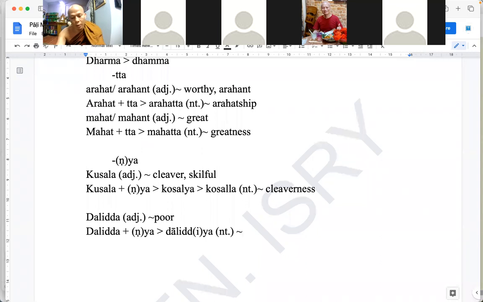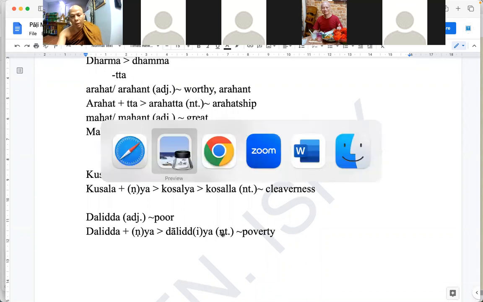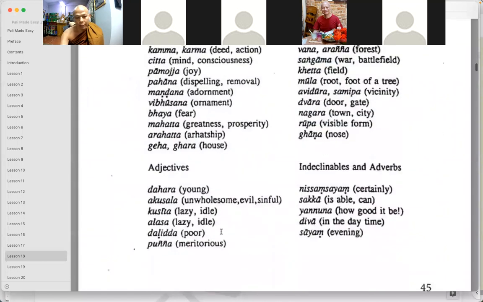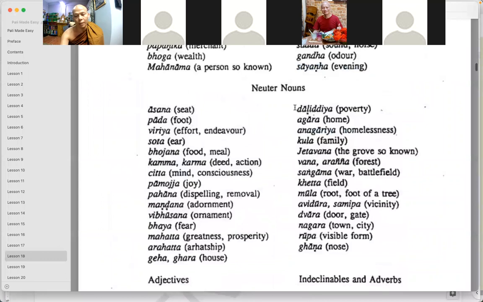So in this way, some nouns are derived from adjectives by adding some suffix. Here we are not learning about such forms in detail now, but you see the adjective daliddo and the noun daliddiya.